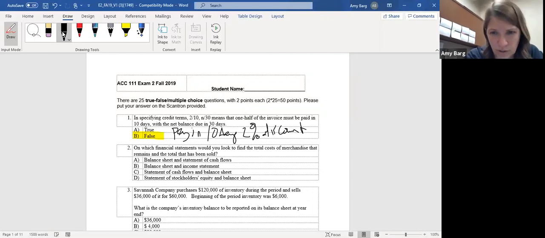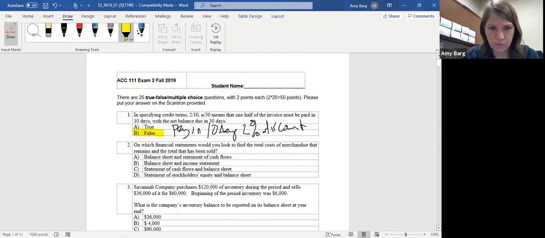Otherwise, it's due in 30 days. It doesn't mean anything about paying half the invoice in 10 days. It means if you pay the full amount in 10 days, you get a 2% discount. Otherwise, it's due in 30 days.